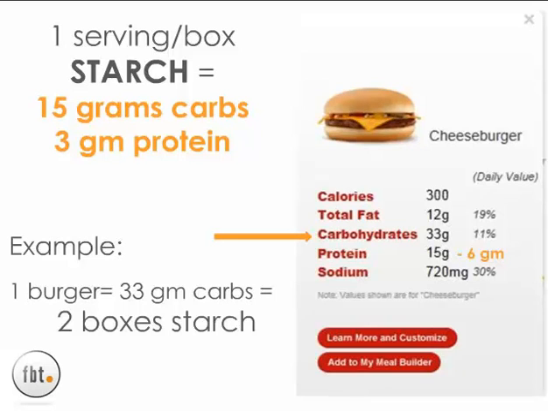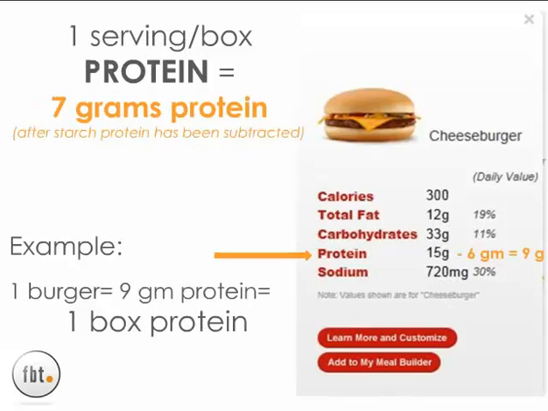Now, remember the protein that's included in the starch. There's 3 grams of protein for every serving, and because I'm counting this as 2 servings of starch, I need to allow for 6 grams of protein. 1 serving of protein is 7 grams after the starch protein has been subtracted. So the cheeseburger has 15 grams of protein.